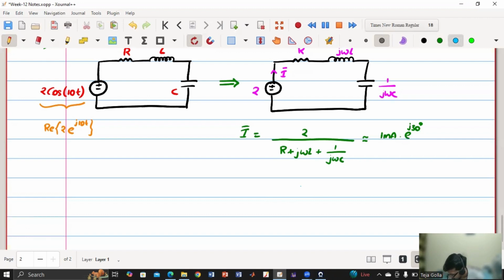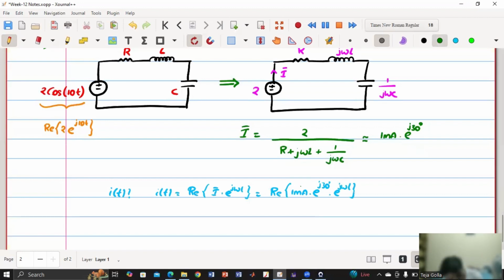Now you might be asked the value of I of t. I can write I of t as real part of I phasor into e to the power j omega t. So it is real part of 1 milliampere into e to the power j 30 degrees into e to the power j omega t.